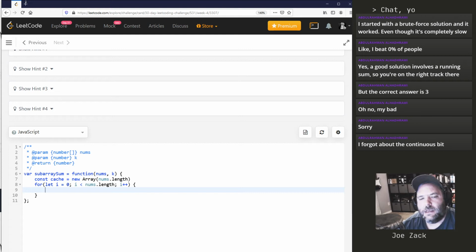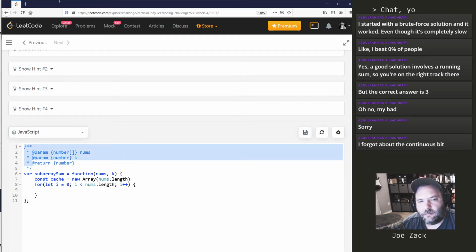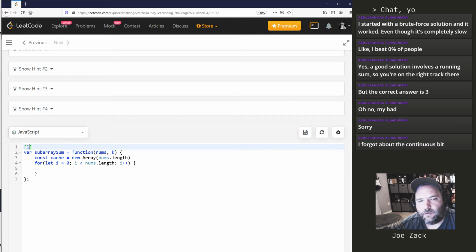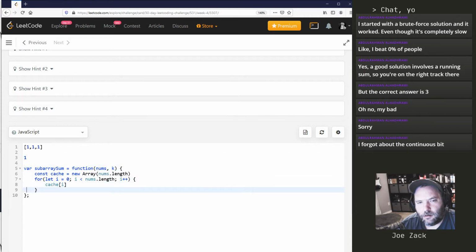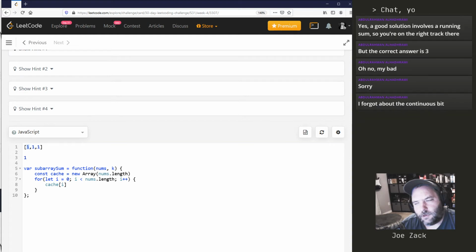I don't know. Think about it a little bit. So what was I doing here? Look at this simple example where we've got 3 ones. I want to say cache at I, look at each element.